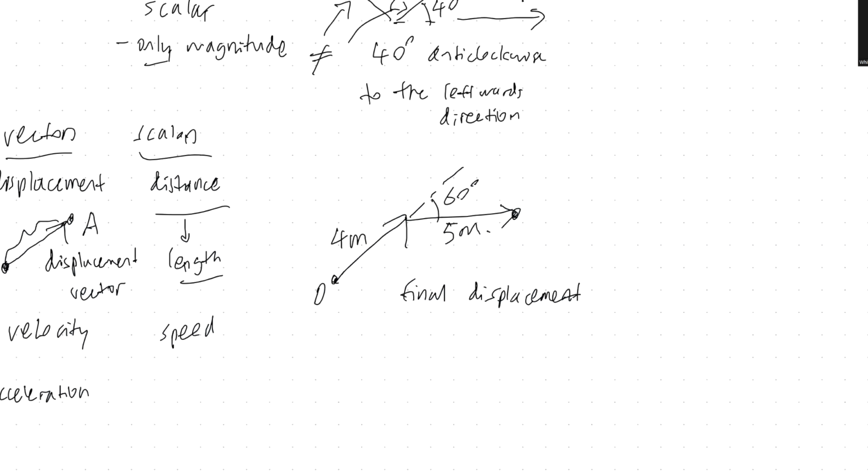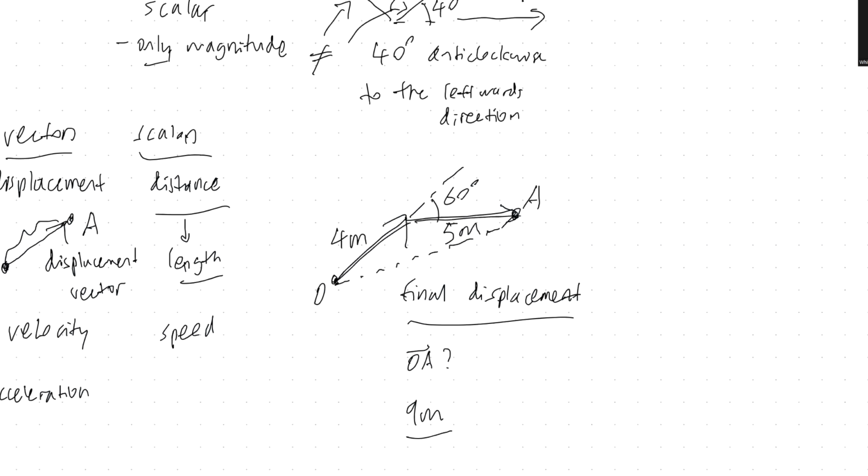So let's call this one A. Basically it's telling us to find the vector OA. So how do we do this? Of course, we can't say that the magnitude of the displacement is 9 meters. That's incorrect. Because if you draw this out geometrically, it's quite clear that this line has to have a smaller length than the sum of these two vector lengths. Because it's a triangle.